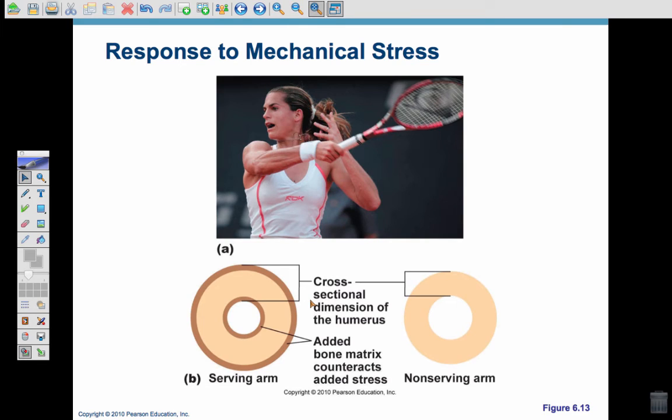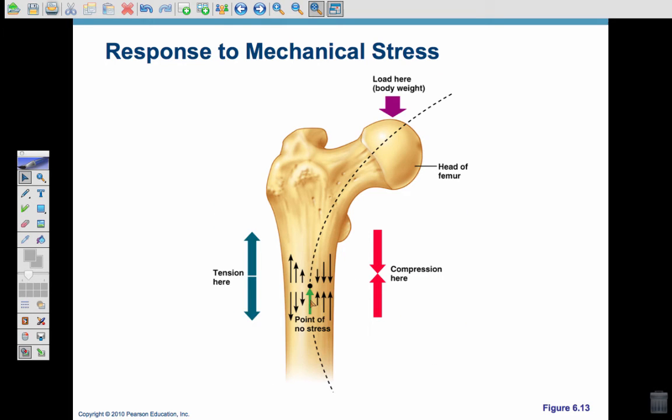That places this point of no stress right in the middle of the bone. In fact, this is a place where the body can withstand not having any bone tissue at all. This is in fact where you would find the medullary cavity.